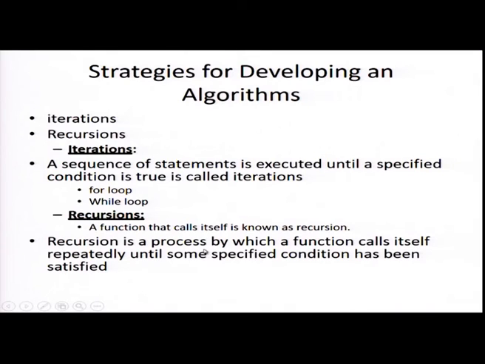What is recursion? A function that calls itself is called recursion. Recursion is a process by which a function calls itself repeatedly until some specified condition has been satisfied. So these are some of the strategies for developing an algorithm.